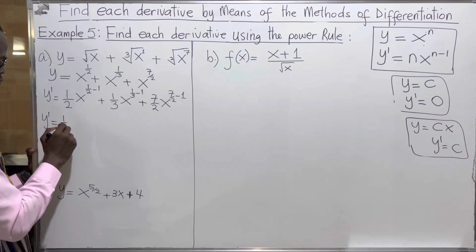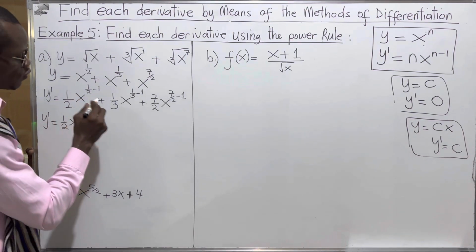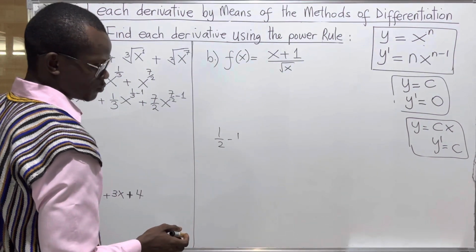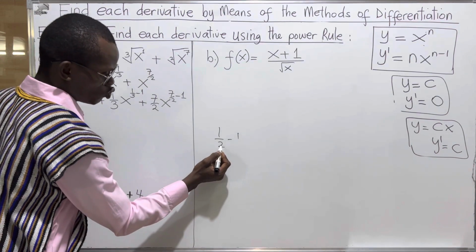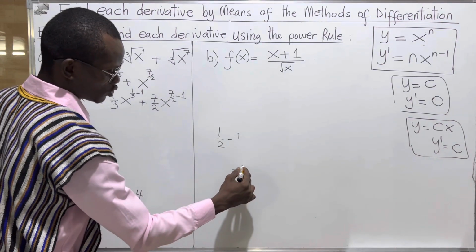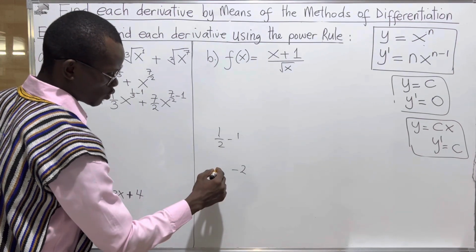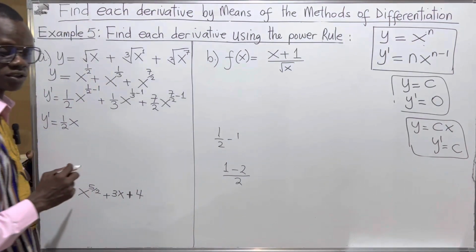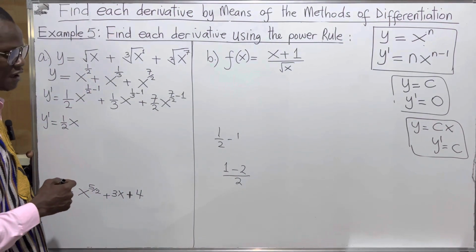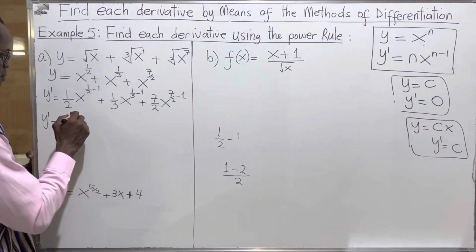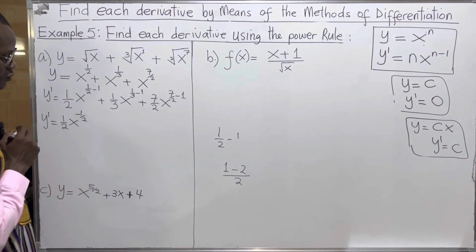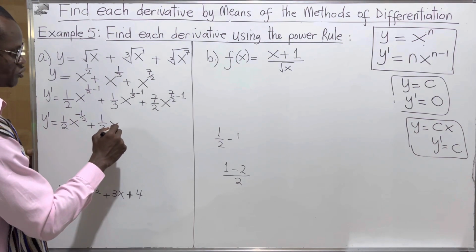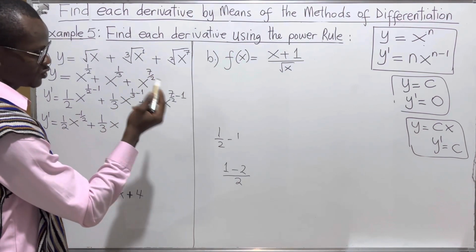So we have 1 over 2 x raised to the power 1 over 2 minus 1. We can apply a shortcut by saying 2 times 1 is 2, with the minus sign, then we attach the positive 1 to it and divide by the denominator of the first fraction. So 1 minus 2 is minus 1 over 2. The next one, we have 1 over 3 x raised to the power 1 over 3 minus 1.